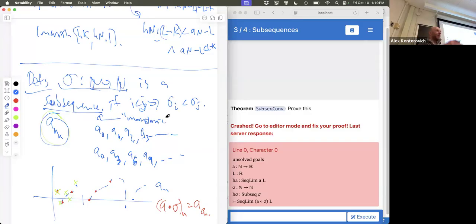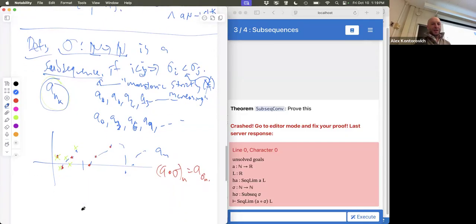Monotonic means either you're increasing or decreasing, and strictly means this is not a less than or equal to sign. So I don't want to just sit on the same value. I'm not allowed to have an equal sign here. That would allow me to pause at some value. I'm not allowed to pause. I'm just removing some values and scrunching everything. Does that make sense? So that's what it means to be a subsequence.